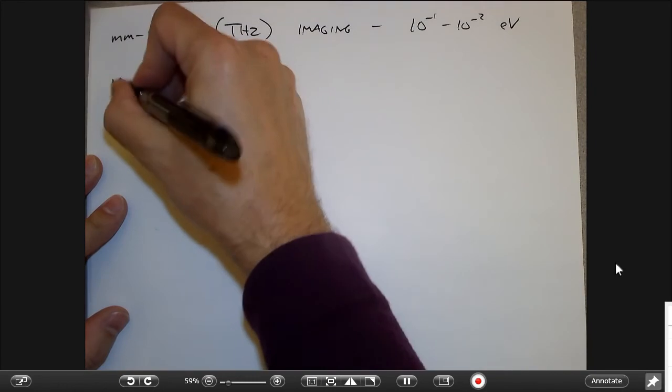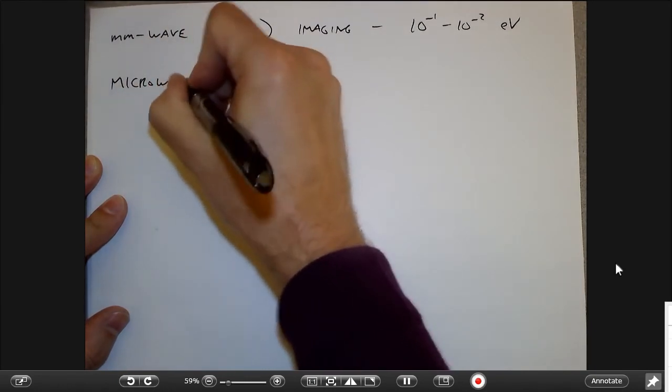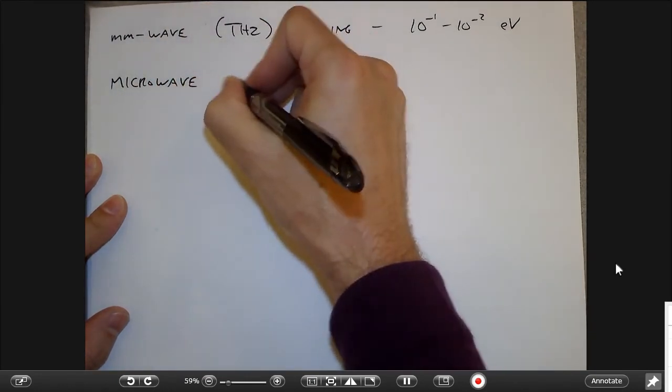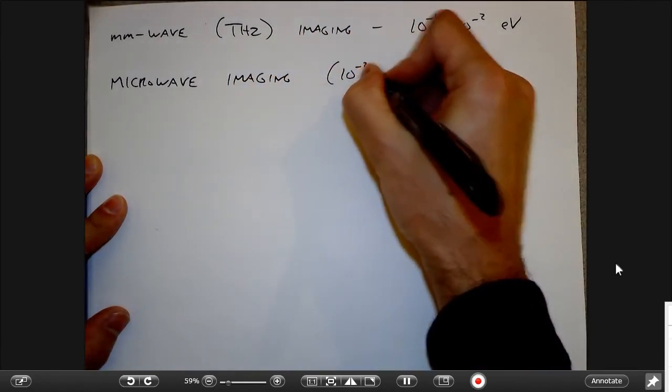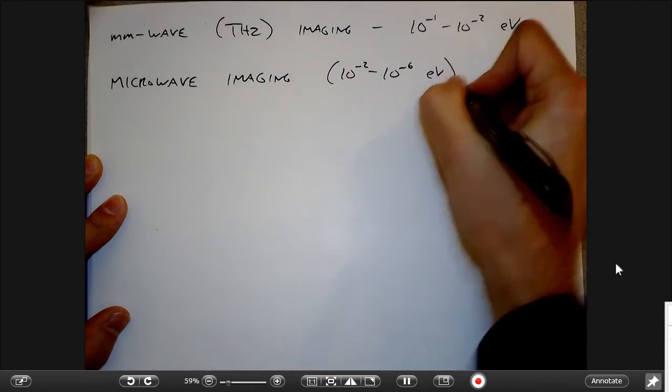So below that is microwave imaging. So you go from millimeter to micro. And that's where you get into stuff like radar.